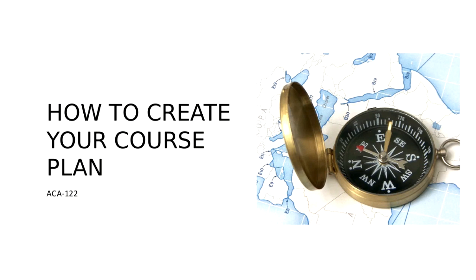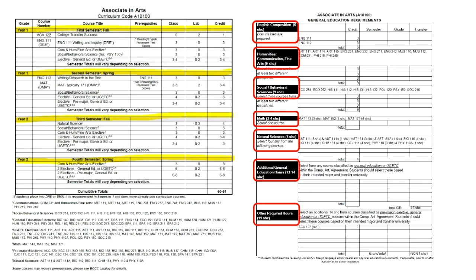So let's look a little closer into one of those documents, the curriculum flowchart. You'll see on the left that this is the curriculum flow chart for the Associate in Arts. There's actually two formats. There's the Associate in Arts page 1 and page 2, and it's the exact same document, it's just formatted differently. So if this on the left is easier for you to use, this one is organized by year.